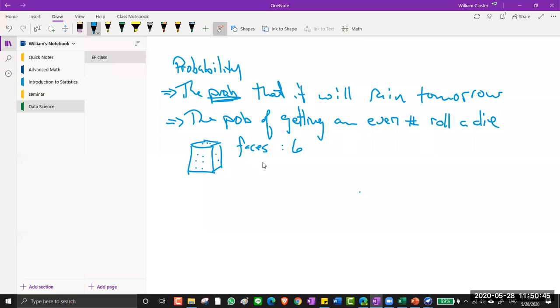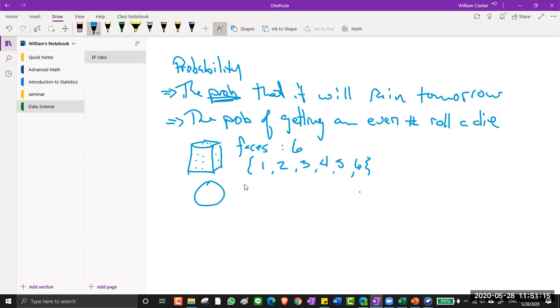We can get 1 dot, 2 dots, 3 dots, 4 dots, 5, and 6, and we usually put that in a set like this. I guess it's possible to make a die that doesn't have 6 faces. Maybe you can make a die that has 10 faces, or maybe even fewer than 6 faces. I don't know.